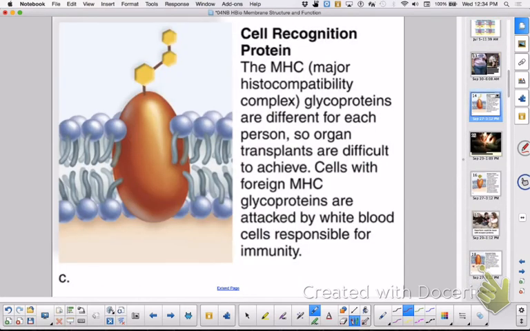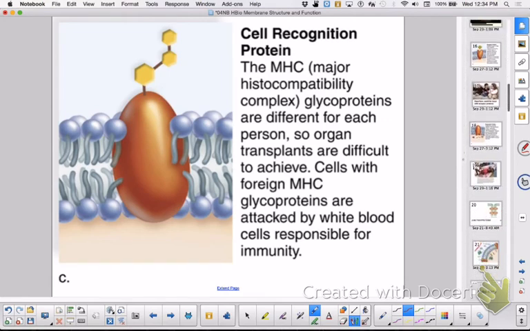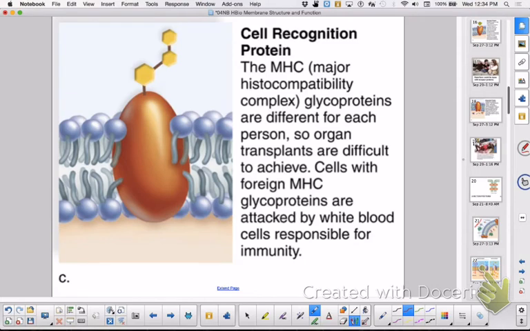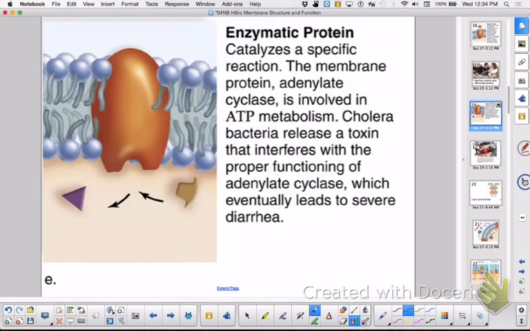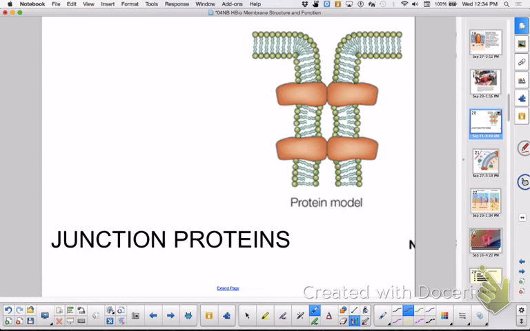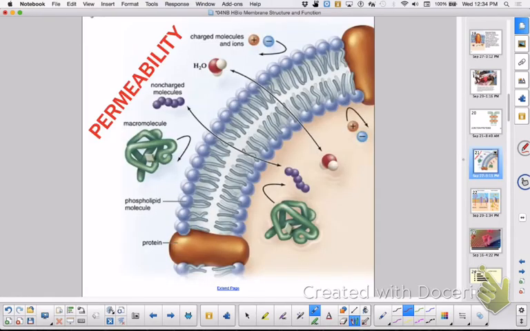A glycolipid or a glycoprotein? Glycoprotein. Why? It's attached to a protein. And we talked about different diseases associated with each of these, yes? And then enzymatic, where it facilitates a reaction to take place. And then we said cell junctions. Who can't cross? Things that are larger or charged, so you're going to have to use a protein to do that.